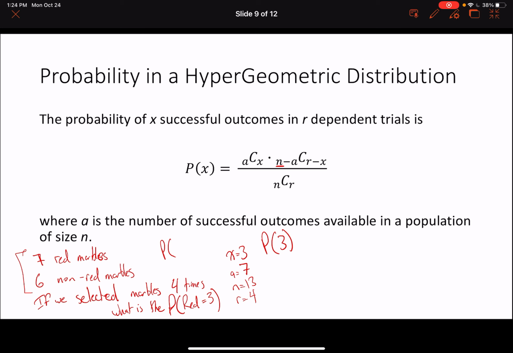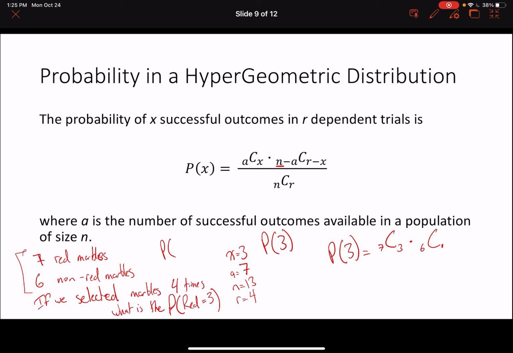So now we have all of these defined, right? If we want to use our formula, we can look at it like this. What's the probability of getting 3? Well, we have 7 available successes. We're going to choose 3 out of them. And then how many ways are there to choose the remaining ones? Well, there's 6 remaining. N minus A is 6. 6 choose, and how many do we want to choose?